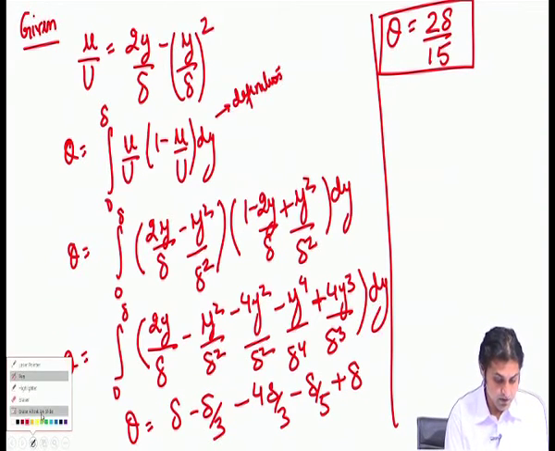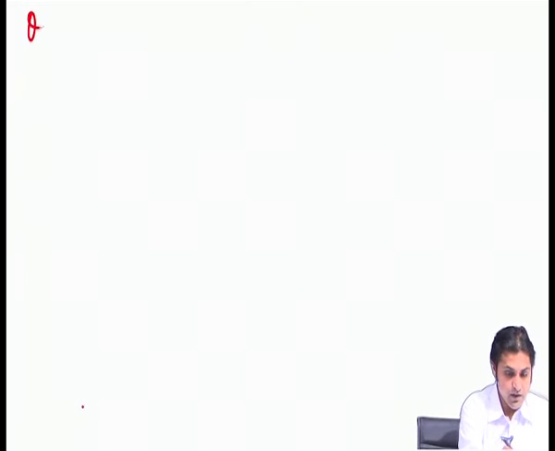So we had got theta is equal to 2 delta by 15.